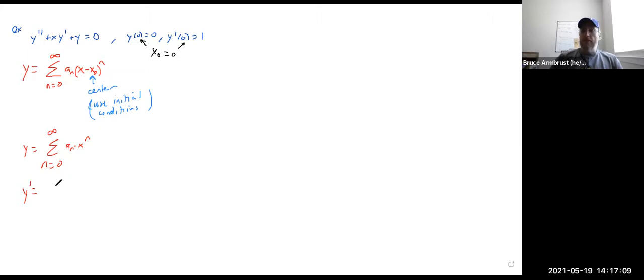All right, now I don't know if you remember this about power series, but this is one of the reasons why we like power series, is that when you differentiate a power series, you literally just have to differentiate this piece that's an exponential piece, because a sub n is a constant, it's just a number, n is a power, so we have x to the n, so this becomes n times a sub n times x to the n minus 1.